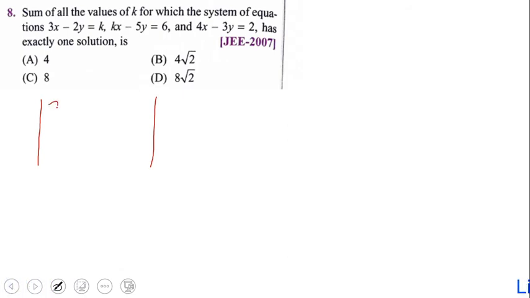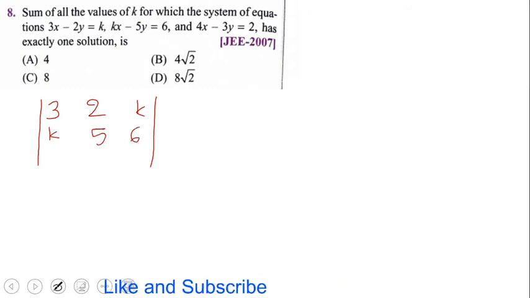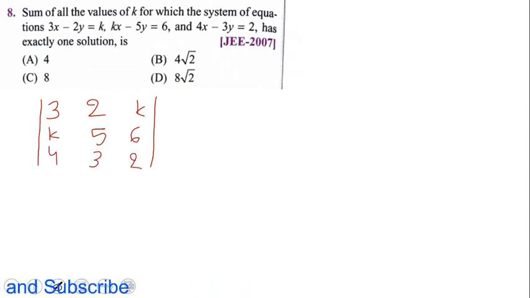X coefficient 3, y coefficient minus 2, k constant. Then second equation k, 5, 6, and third equation 4, 3, 2. So this determinant value we will take as 0.